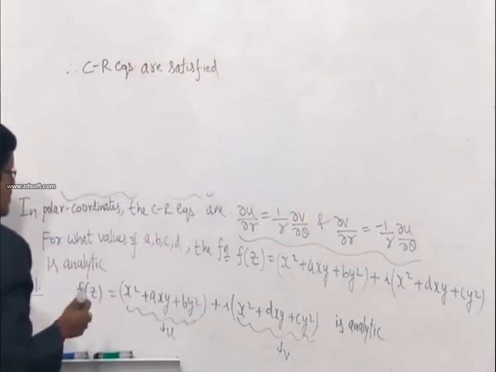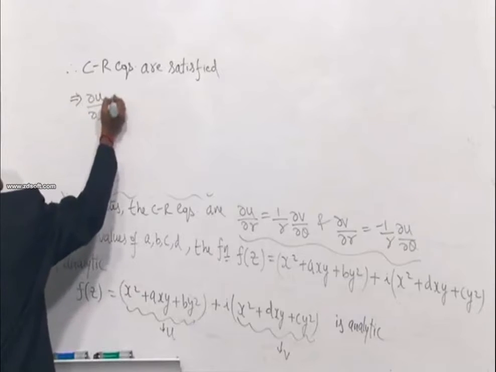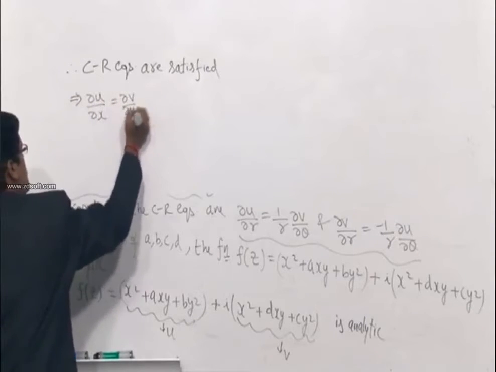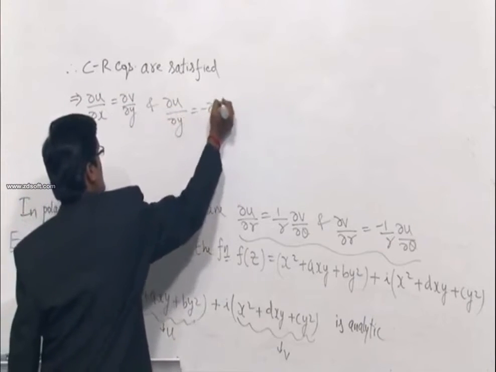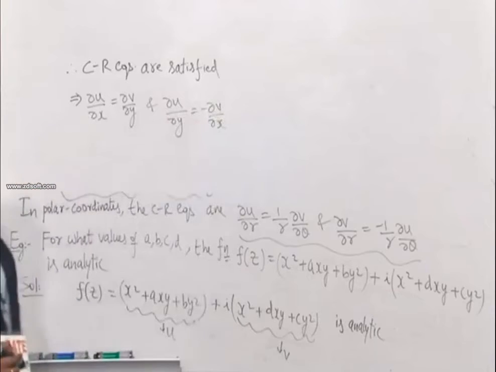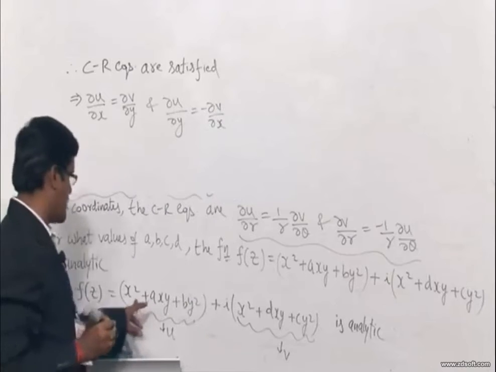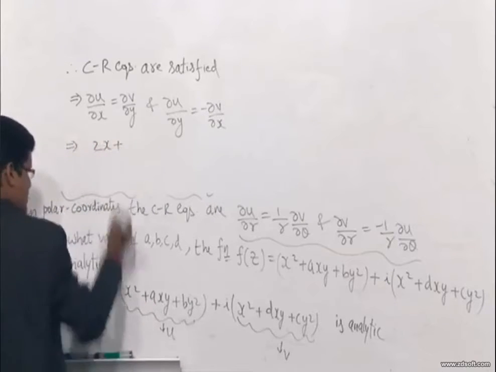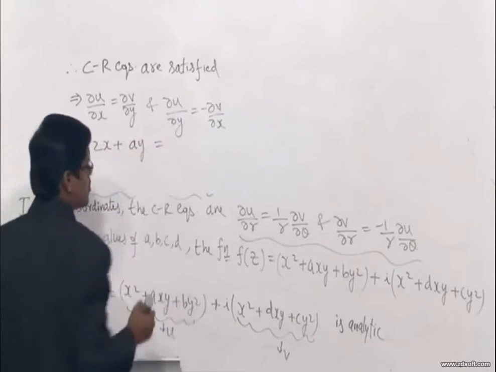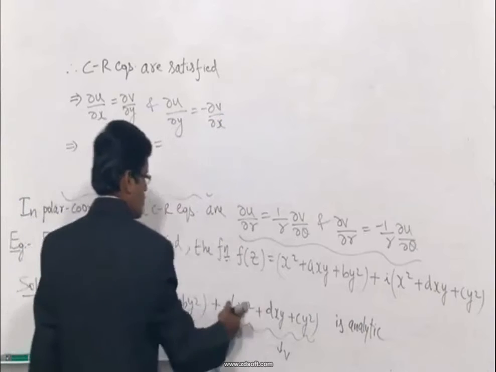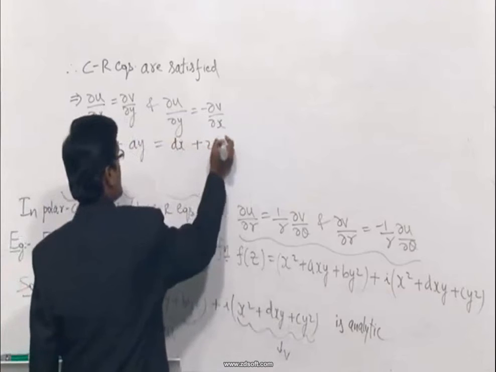What are CR equations in x comma y coordinates? Dou u by dou x is equal to dou v by dou y, and dou u by dou y is equal to minus dou v by dou x. So partial derivative of u with respect to x: 2x plus the derivative of axy, which is ay, and the last term goes to 0, is equal to v with respect to y partially: x square gives 0, dxy gives dx, cy square derivative 2cy.